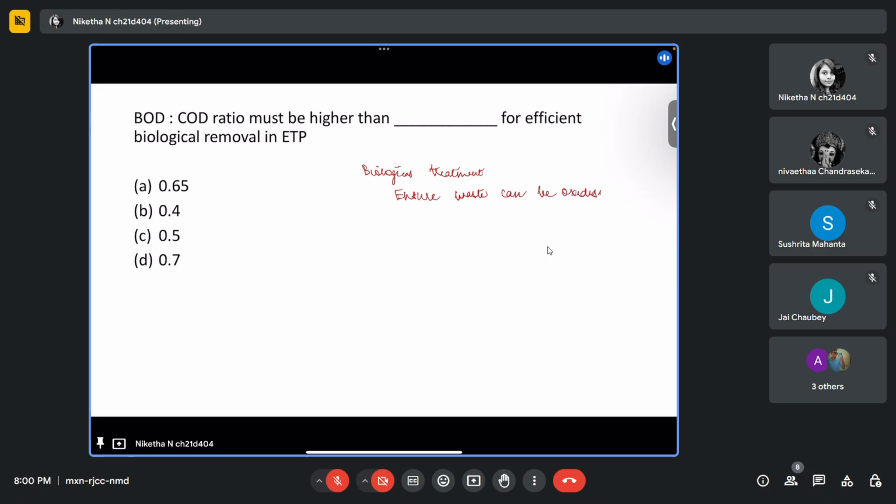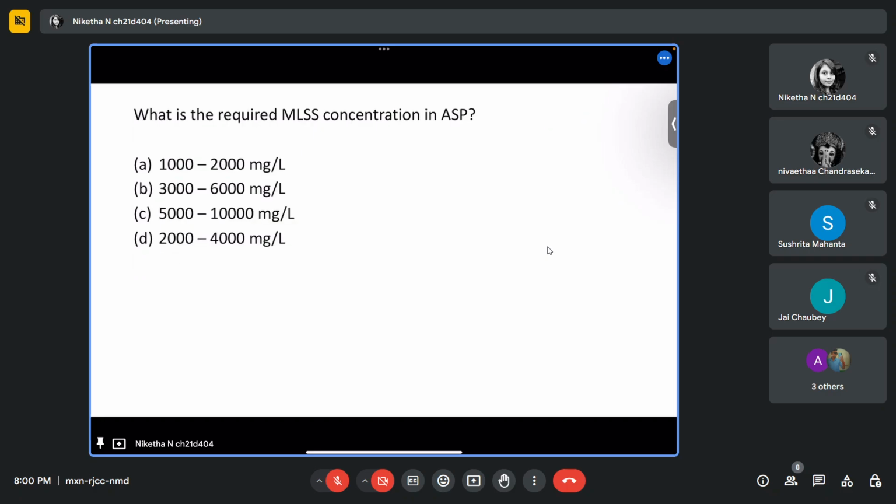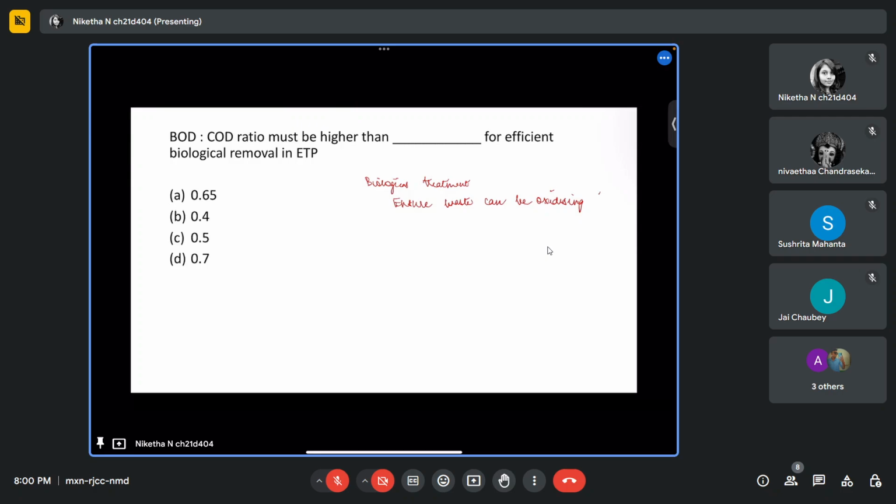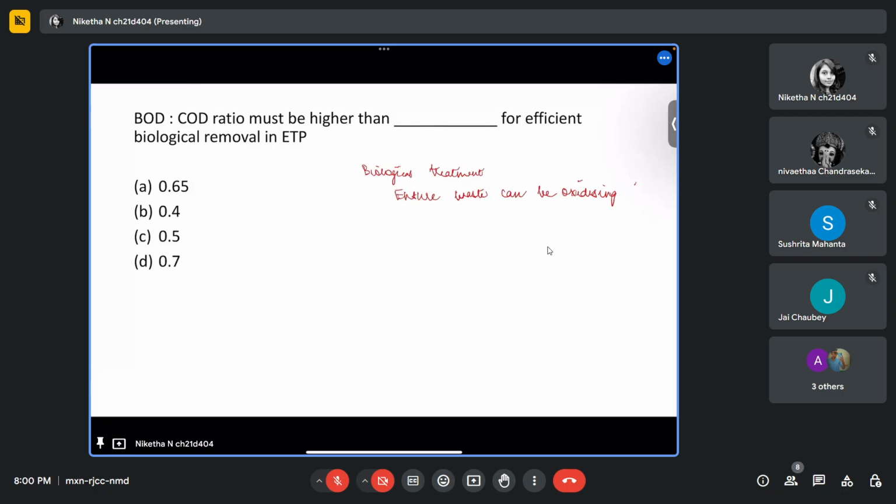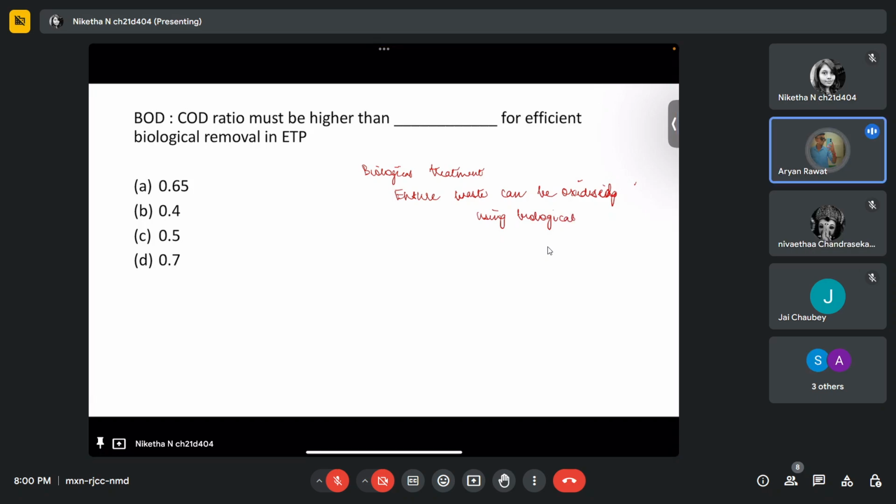We have to make sure that whatever waste we have, it can be oxidized using biological treatment. Ma'am, 0.4. No.